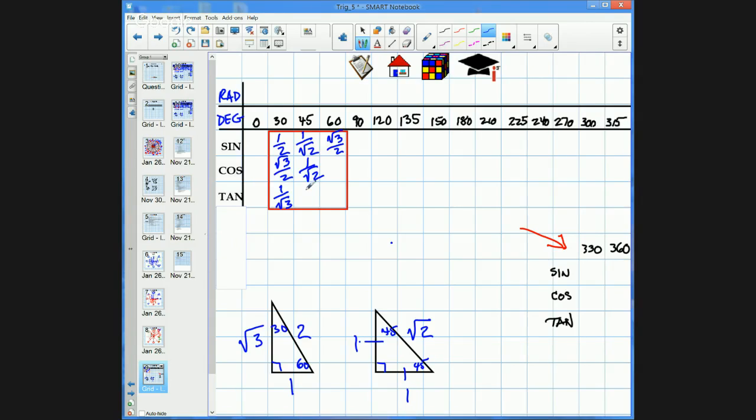Opposite over adjacent, 1 over 1, which is, of course, 1. 60 degrees, cosine of 60, leg adjacent over hypotenuse, 1/2. And tangent of 60, opposite over adjacent, square root of 3 over 1, square root of 3. So there's that previous quiz. Okay, so hopefully you guys have nailed that.